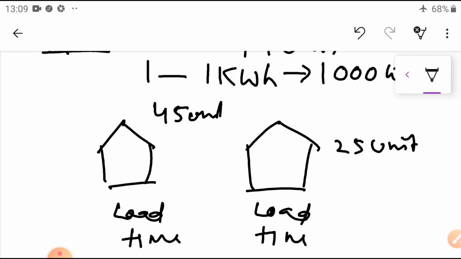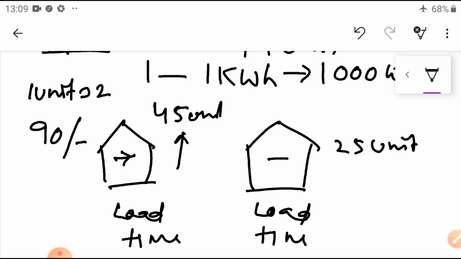That means my energy meter rotation is faster compared to his. Then I have to pay the amount. For example, if 1 unit is equal to 2 rupees, what do I have to pay? 2 into 45, so I pay 90 rupees per month, whereas my friend has to pay only 50 rupees.